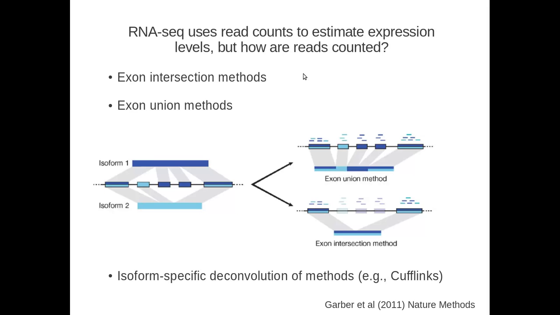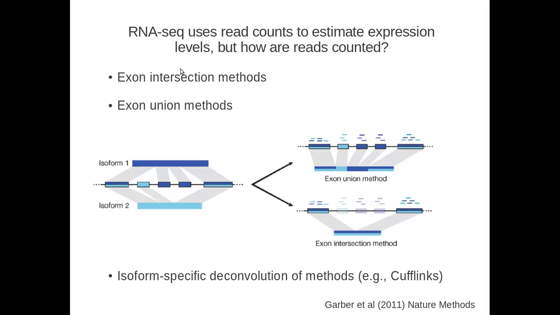What I should point out is that the method we've been working with in the homework, the isoform-specific deconvolution methods, is a class of methods of which Cufflinks is a member. This is a fairly sophisticated methodology that has only recently been developed, in the last year or two.